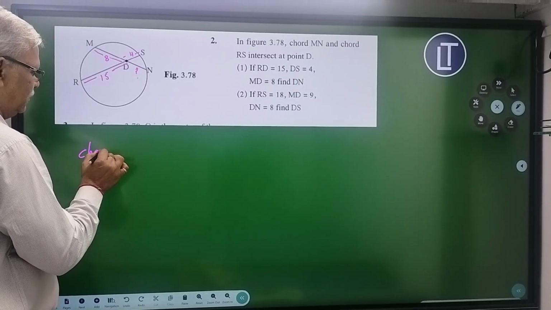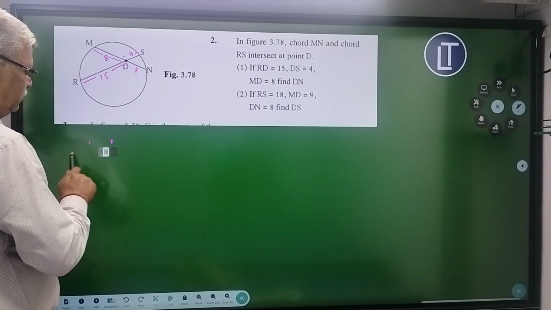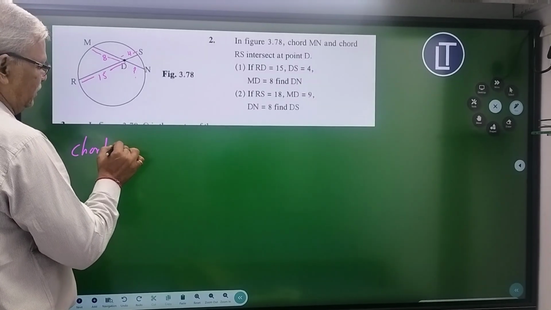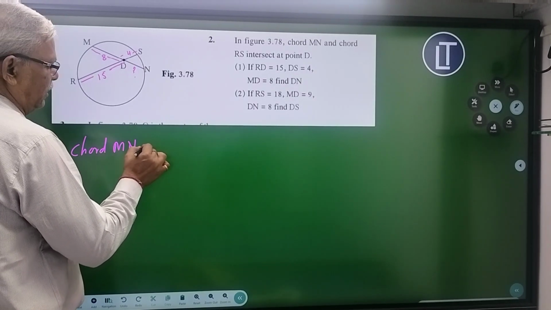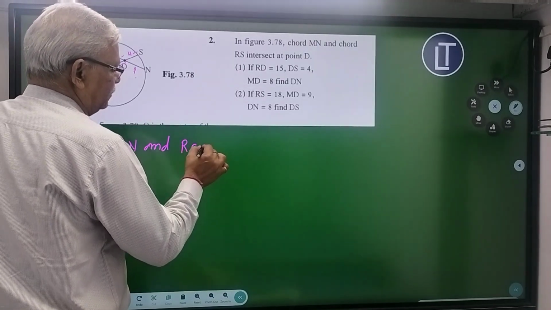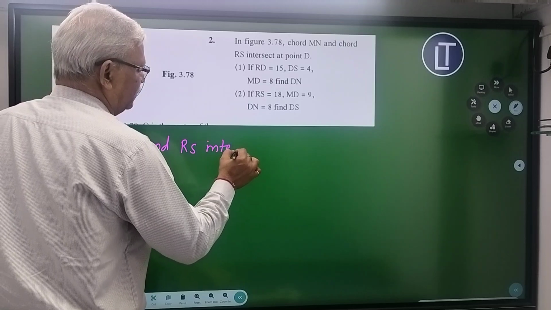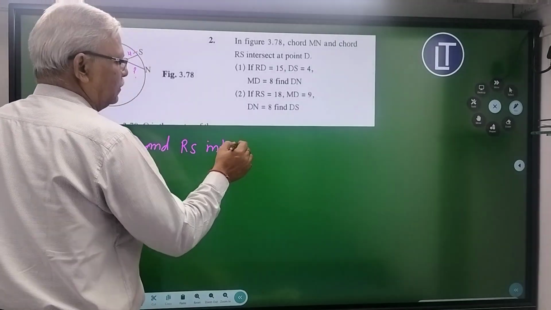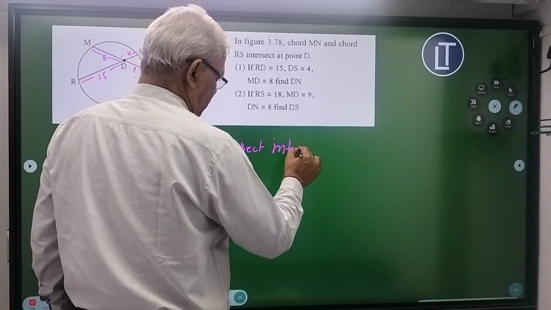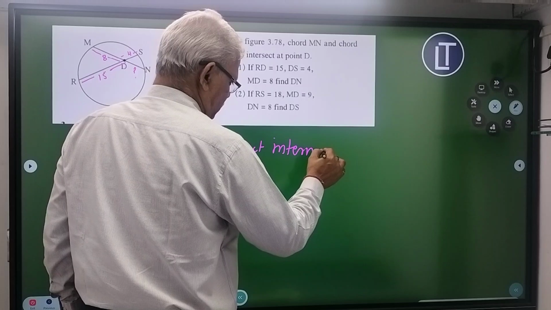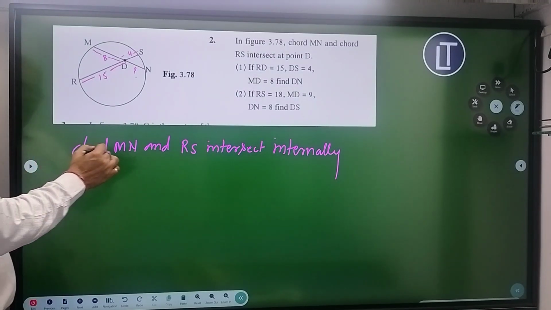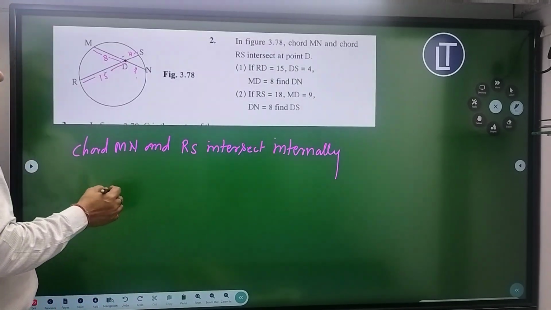Chord MN and RS intersect internally. Okay?